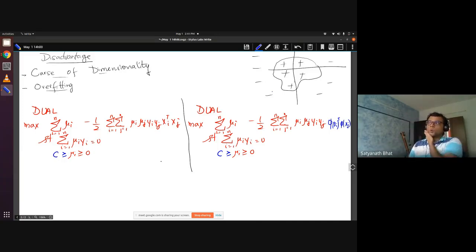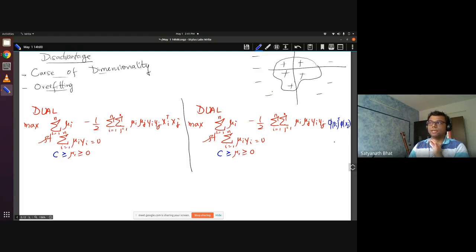For an optimization problem, the time it takes to execute only depends upon the number of optimization variables and the number of constraints. So even in the higher dimensional space, I have not increased the number of variables, because the number of training samples is i equal to 1 to n here also. All I am doing is computing phi of xi transpose phi of xj for all the training points.